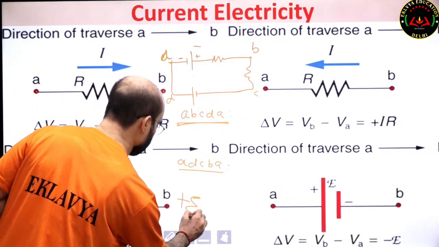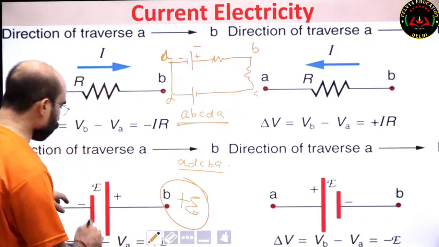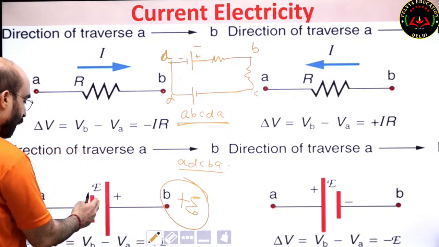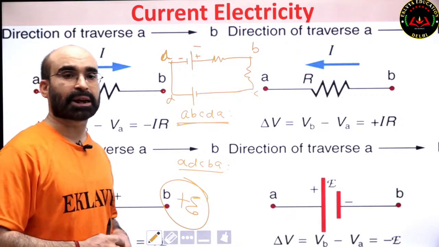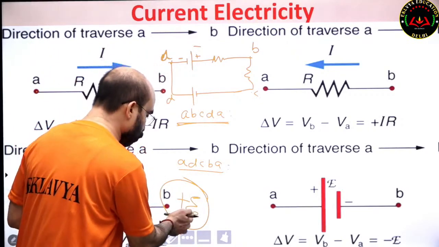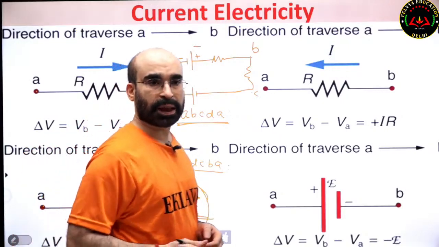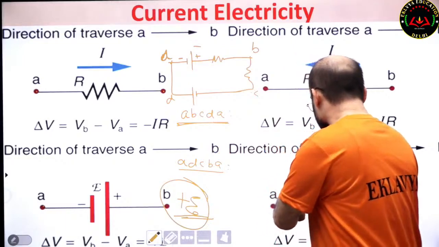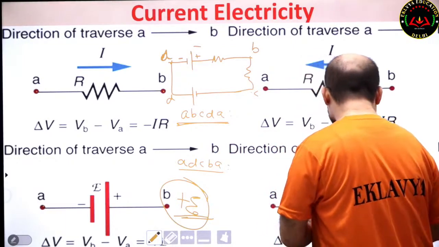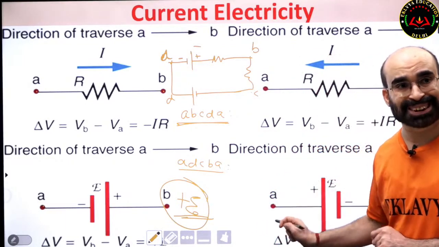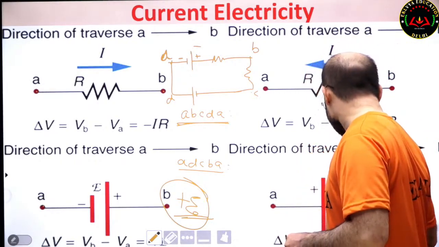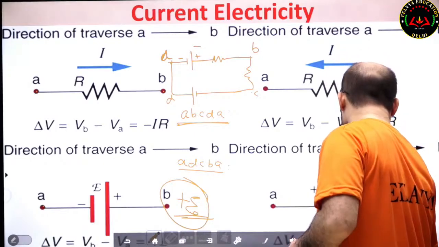This is positive EMF, right? While going from A to B, if your negative terminal of the cell comes first, you have to take plus EMF. Now, if you are going from A to B and you come across the positive terminal of the cell first, then what you need to do? You need to take it as negative EMF.